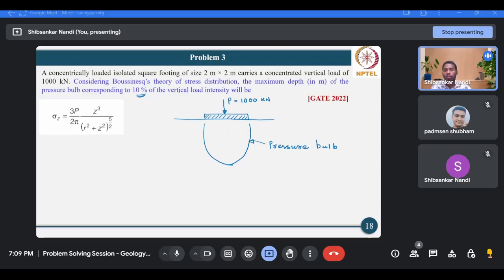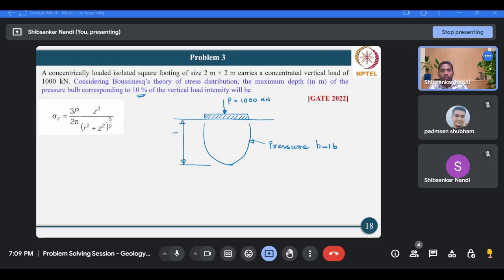Right now we are dealing with a pressure bulb which corresponds to 10% of the vertical load intensity. Now the vertical extent, the maximum depth, we have to calculate in this curve.